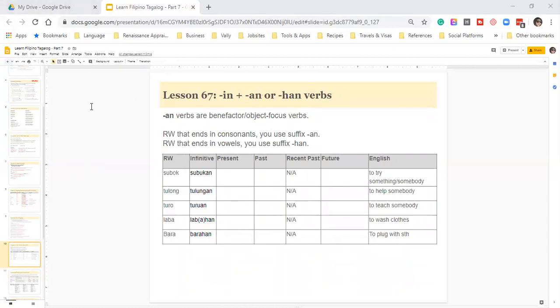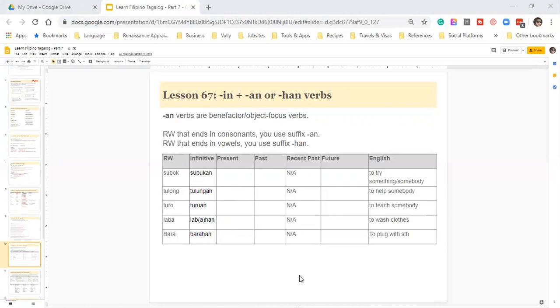Okay. Let me just make sure I screenshot this. I'll just put it here. Homework: page 67 of part 7.